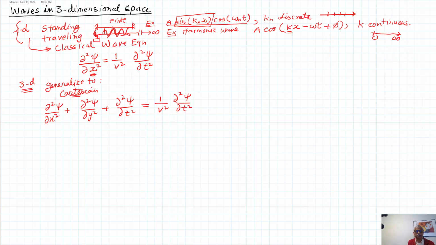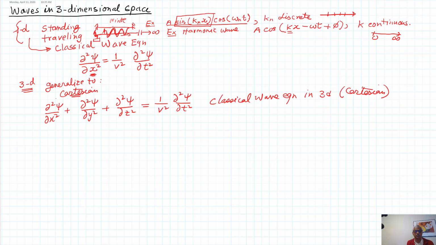So this is called the classical wave equation in 3D in Cartesian coordinate form.